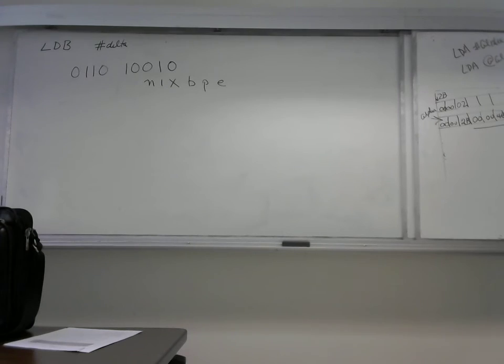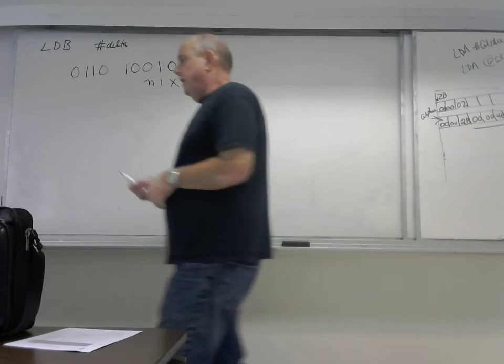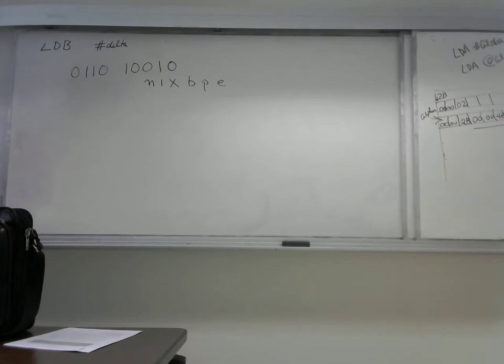So we have two possible modes we can use: P or B. You can use either one as long as base is set. However, for this first instruction, base can't be set. You can't use it until something is in the base register. That makes sense, doesn't it? You can't use base until there's something in the base register. So when you load the base register, you can't use base mode. Therefore, we're going to use PC mode.